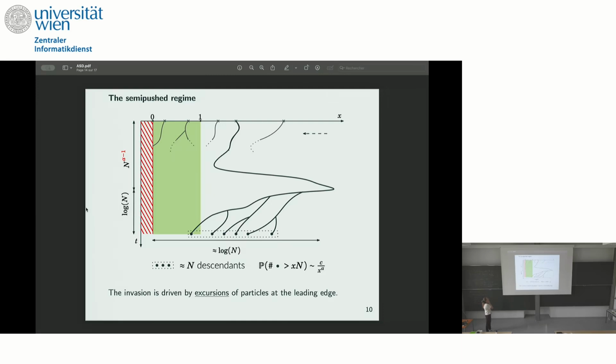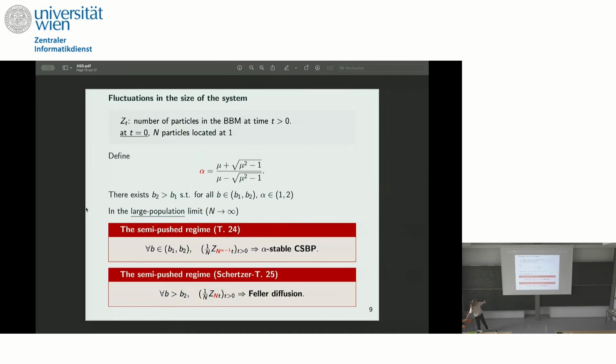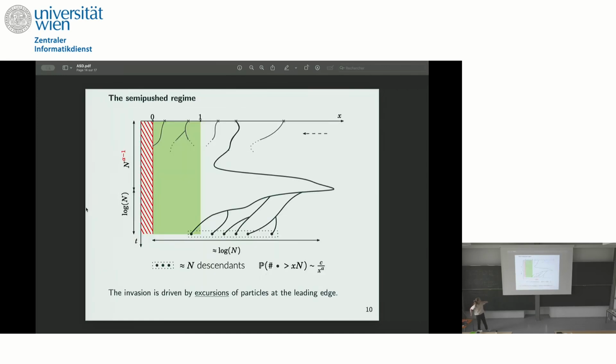So in the semi-pushed regime, you can show that the fluctuations in the limiting object, so the alpha-stable CSBP, are generated by excursions of particles far to the right at a distance log N of the killing boundary.